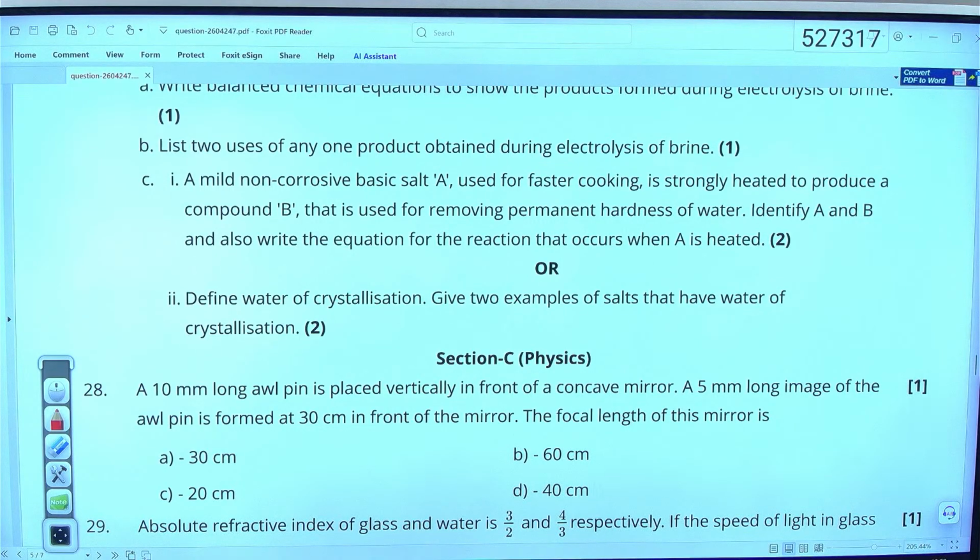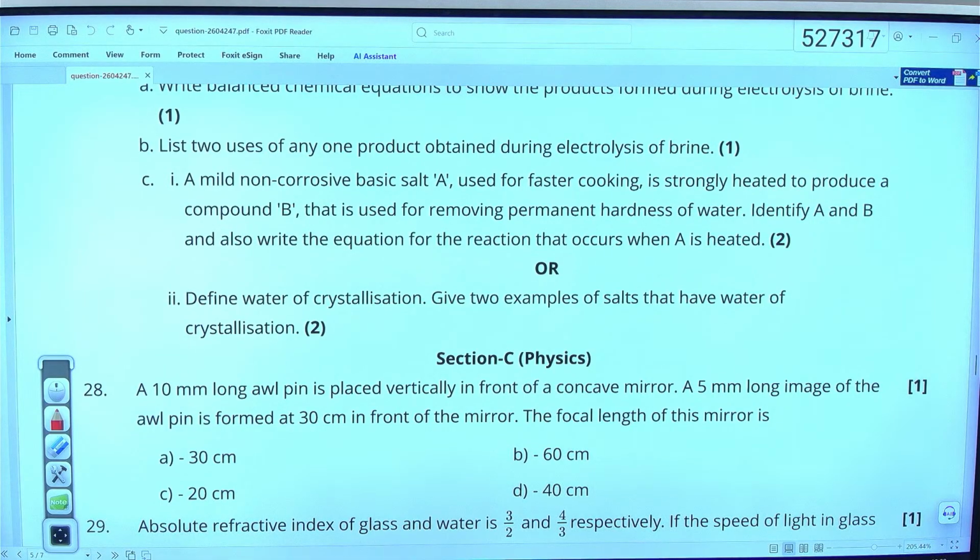A mild non-corrosive basic salt A used for faster cooking is strongly heated to produce compound B that is used for removing permanent hardness of water. Identify A and B and write the equation for the reaction that occurs when A is heated. A is baking soda.